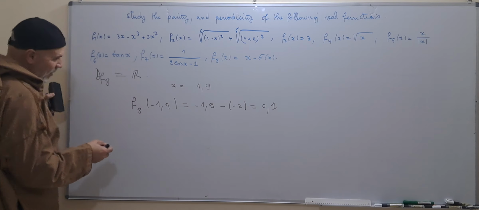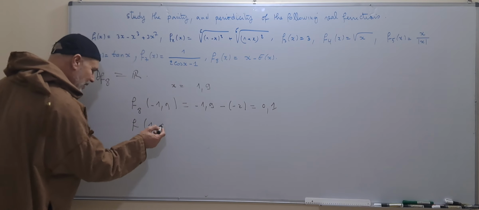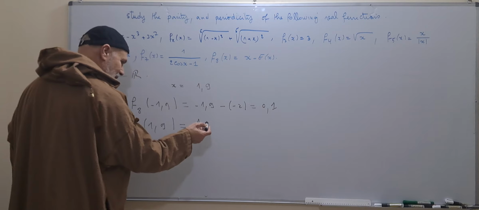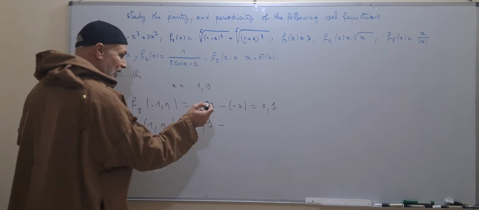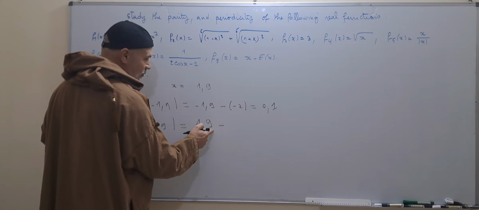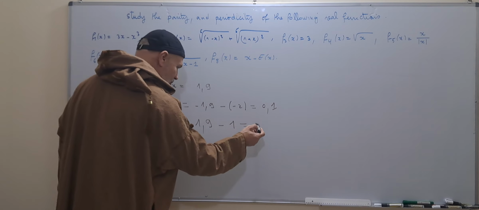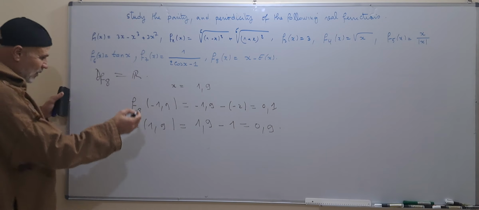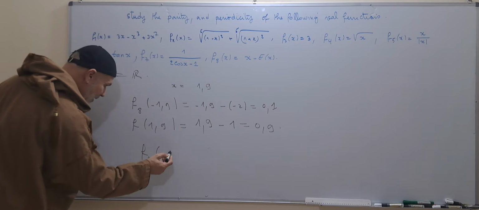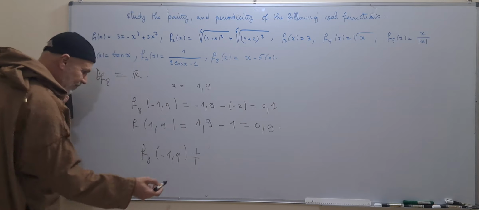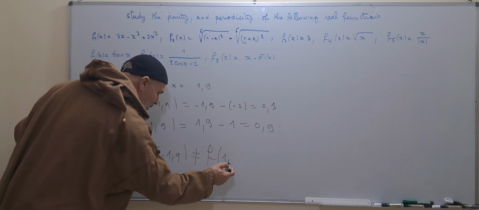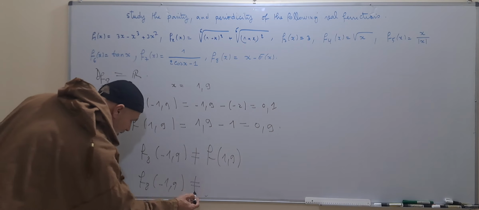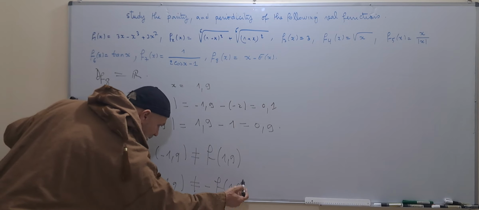And from another side, f8 of 1.9 is equal to 1.9 minus the integer part of 1.9, which is 1, which is equal to 0.9. So f8 of minus 1.9 is different from f8 of 1.9, and f8 of minus 1.9 is different from minus f8 of 1.9.